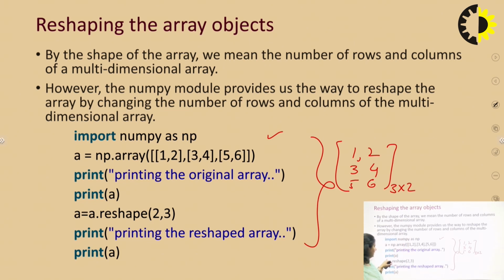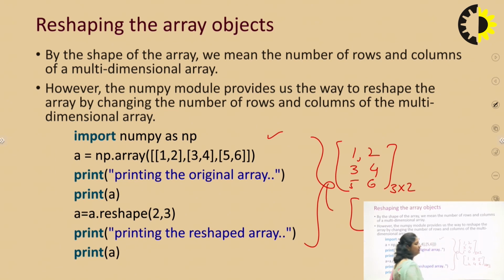After that, A is equal to A dot reshape. We provide 2 parameters, 2, 3. Then print the reshaped array. Then what will be the output? 1, 3, 5, 2, 4, 6. 2 rows, 3 columns.